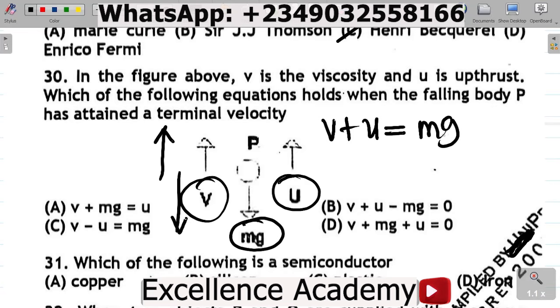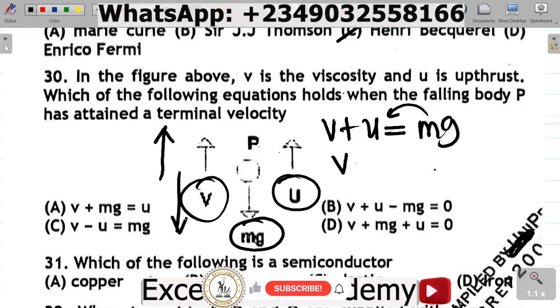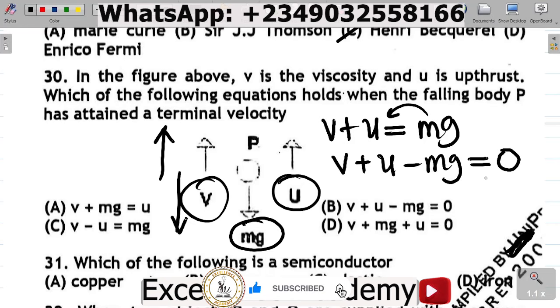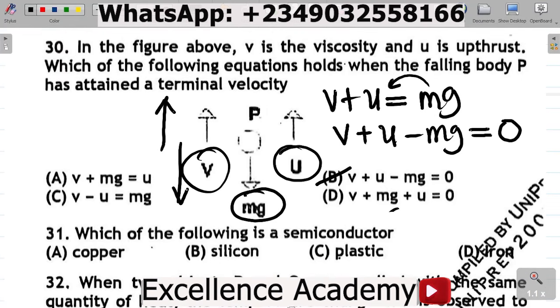This is what is needed for equilibrium or for the object to attain terminal velocity. And if I move mg to the left hand side, I'll have V plus U minus mg, and that'll be equal to 0. So let's see which option that is. That's option B. V plus U minus mg is equal to 0. That's your correct answer.